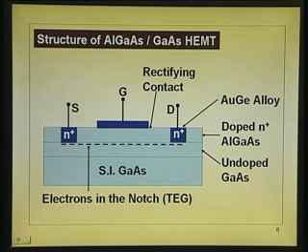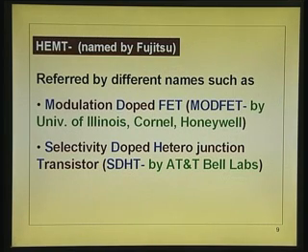Now, I would like to project some of the names which have been given to this device, because you can get confused with the names. HEMT, high electron mobility transistor, was named by Fujitsu, but this is referred by different names for different organizations, all mean the same thing.